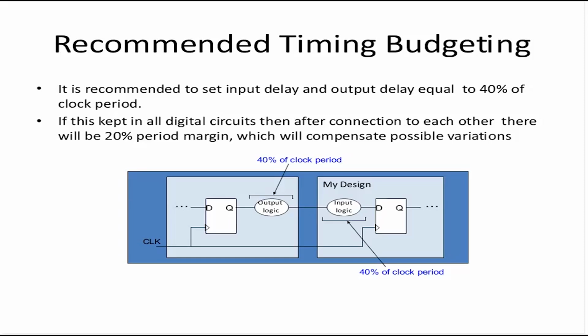So in this case, at the input port where we applied the input delay of 4ns, 40%, the external world consumes 4ns, and the remaining 6ns is left for your design to consume. So you should make sure that the logic from the input port to the first sequential element does not consume more than 6 nanoseconds. So this is the idea.